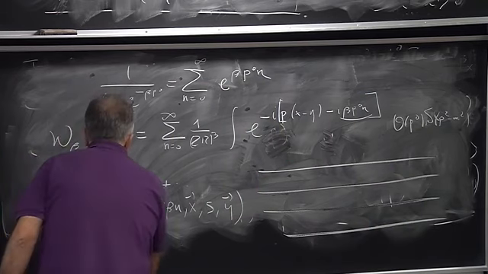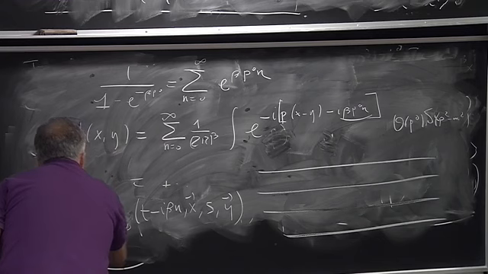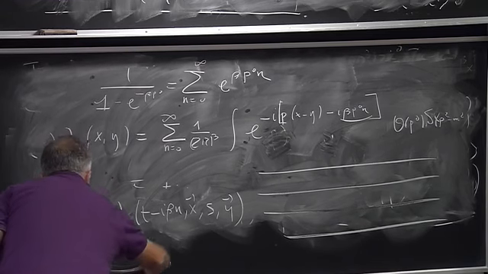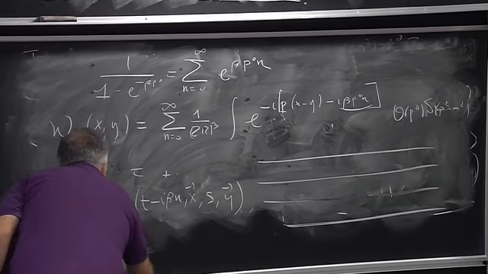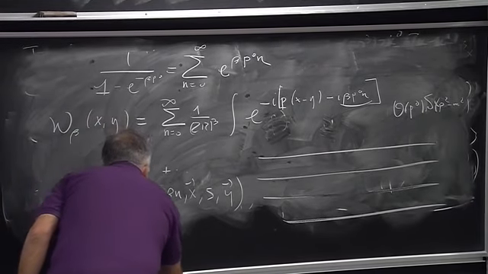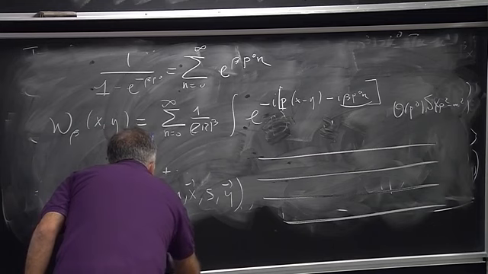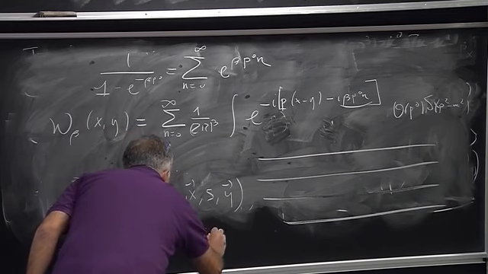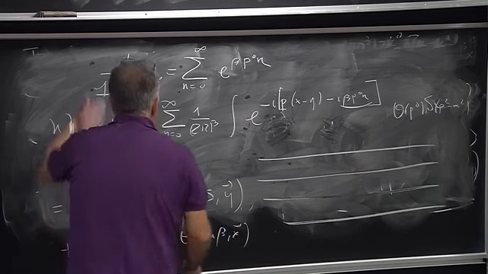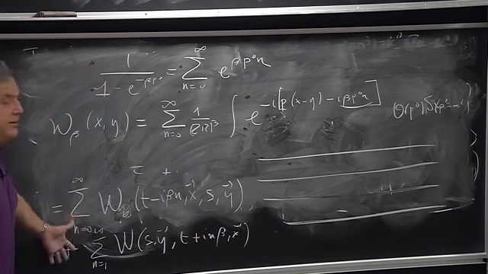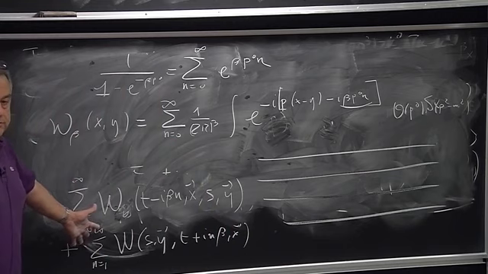The second term is the sum from 0 to infinity, plus the sum from 1 to infinity of the permuted one, at s, y, t plus i n beta, x. This is the thermal two-point function in the form of this infinite sum.